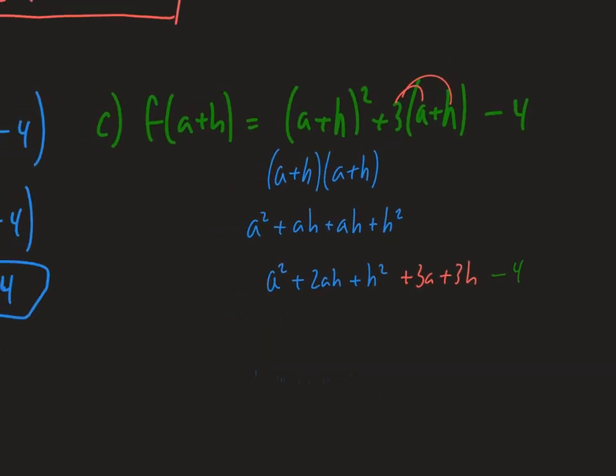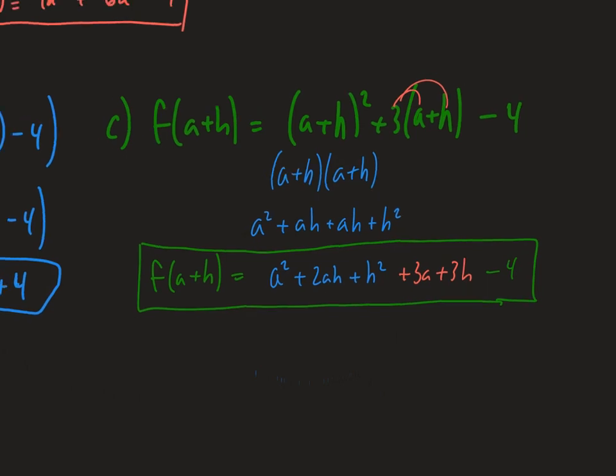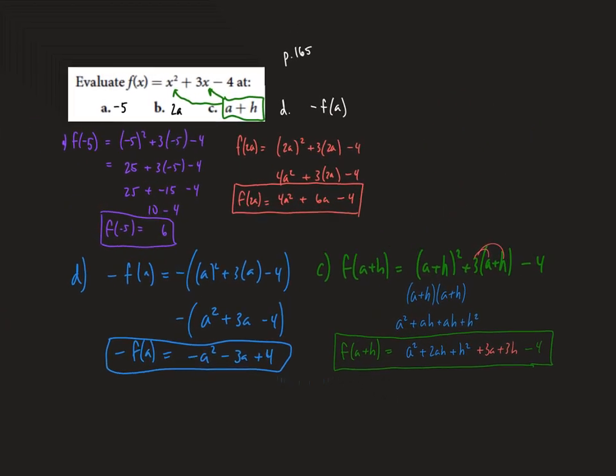That would be as simple as we can make it. So it may have seemed really complex. There really wasn't much to do. f of a plus h equals that. But you do want to look for like terms when you're done with that, just to make sure. So those should match up pretty well.